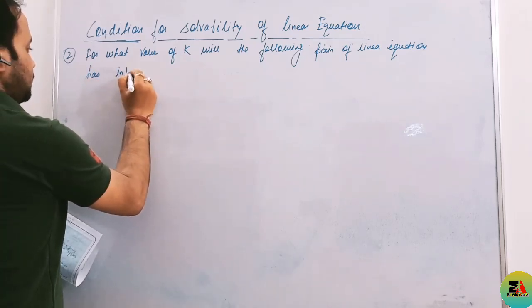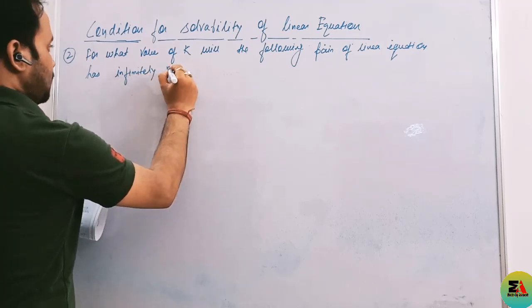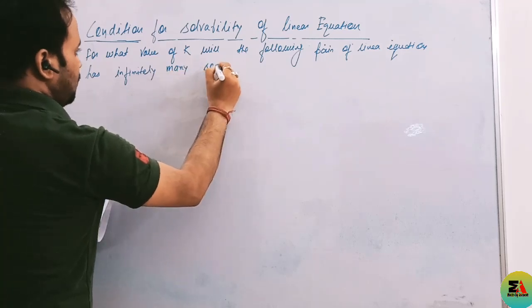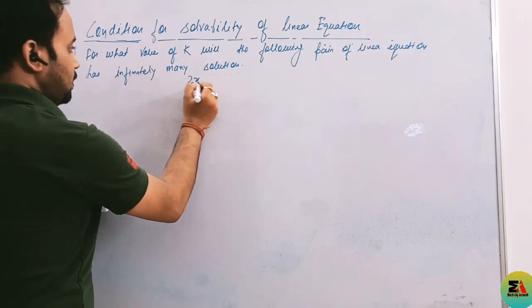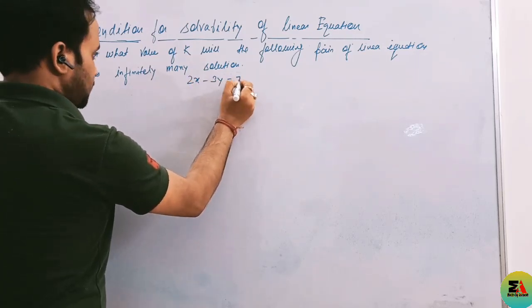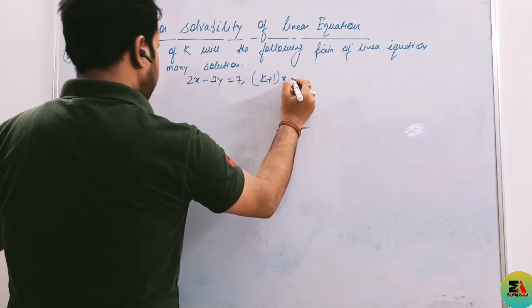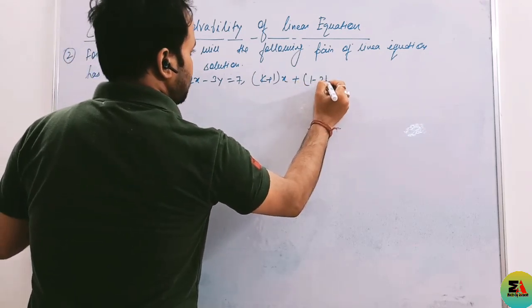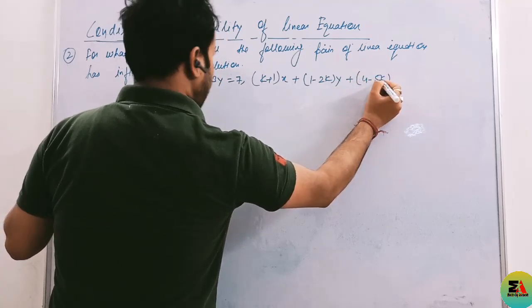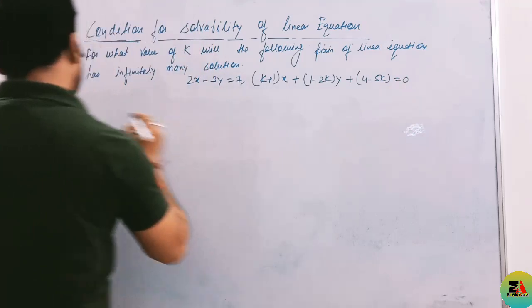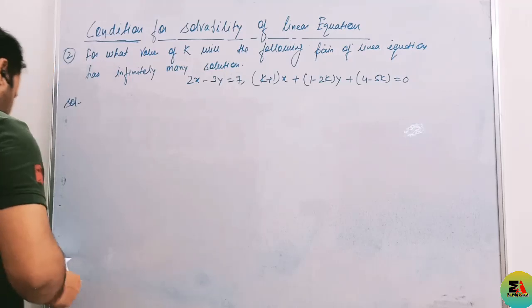The given equations are 2x minus 3y = 7, and our second equation is (k+1)x + (1-2k)y + (4-5k) = 0. These are the two equations given, and the condition is infinitely many solutions.